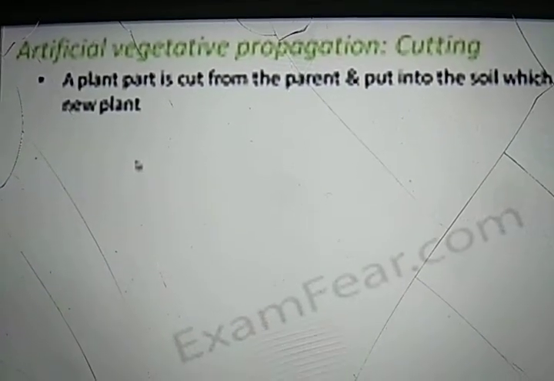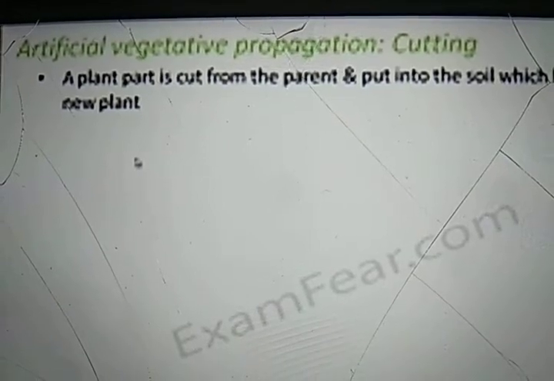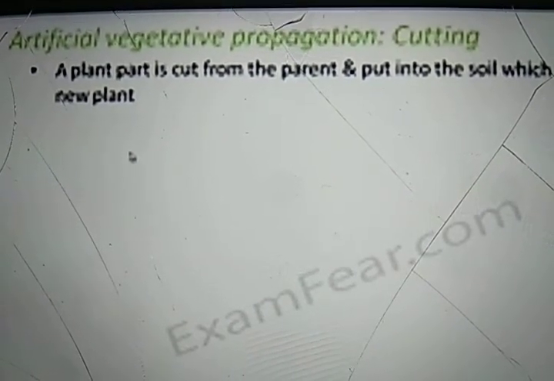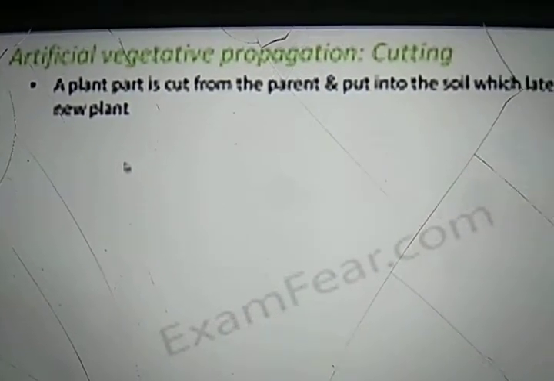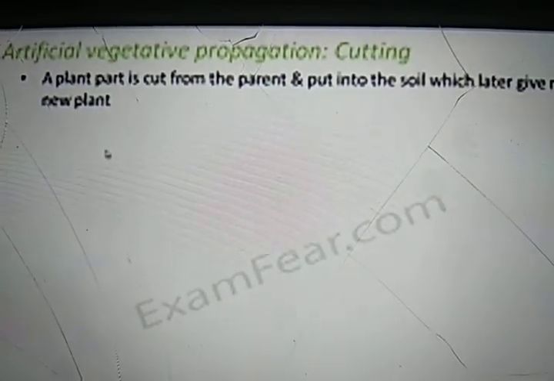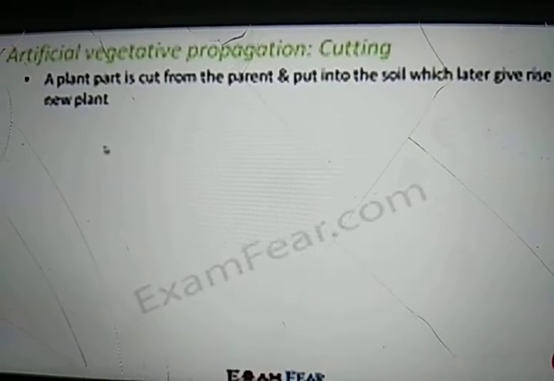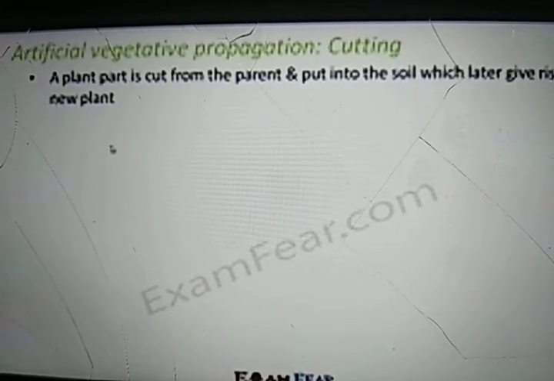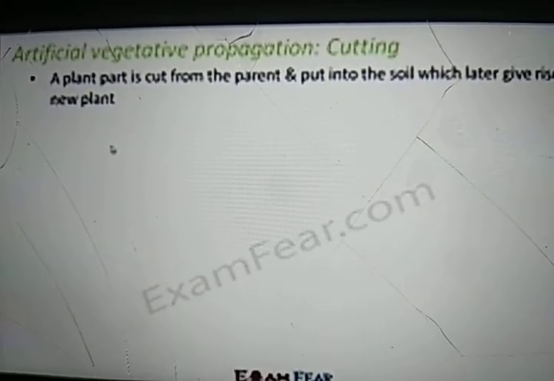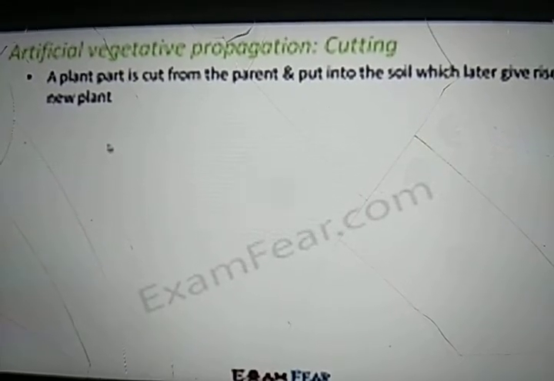So let us look at the first artificial vegetative propagation method, that is cutting. So what can we do with cutting? Here a plant part is cut from the parent and put into the soil, which later gives rise to a new plant. Have you ever seen that if you have a small garden in your house and you want to grow a plant, what do you do?